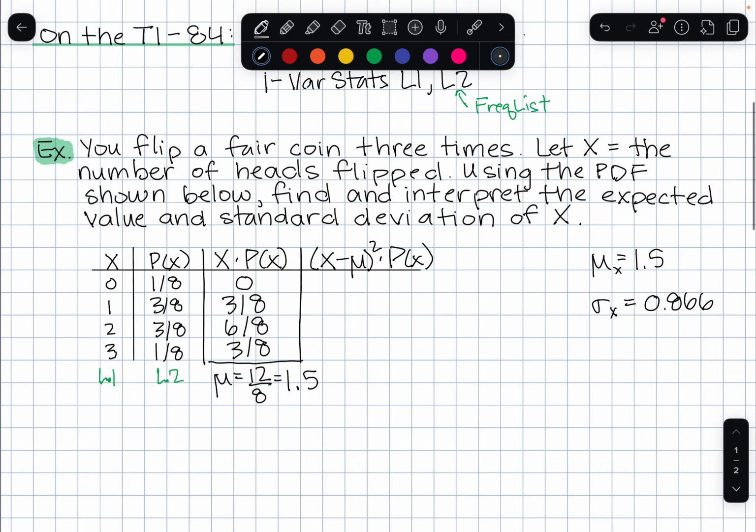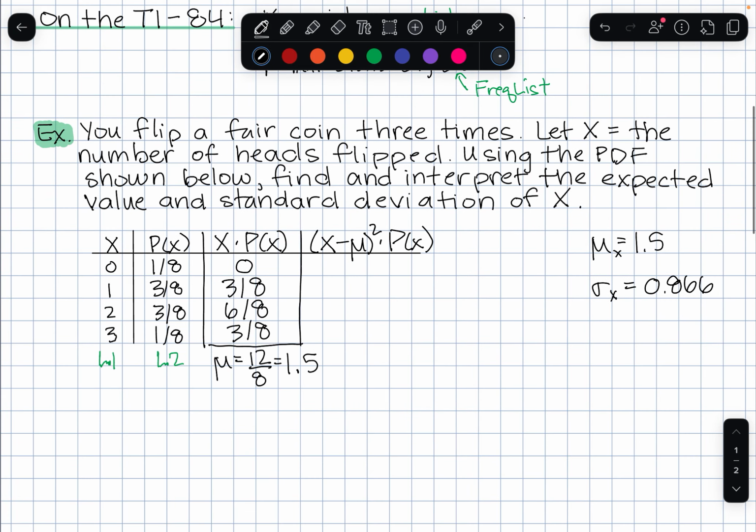That's exactly what we saw with our calculator. For x minus the mean squared, I'm going to leave mu as this, because when I'm subtracting from x, all of my x's are in terms of eighths. Leaving this as an eighth will make it easier. So I'm going to do 1/8 minus 12/8. No, 0 minus 12/8. Oh my gosh, I did that wrong.